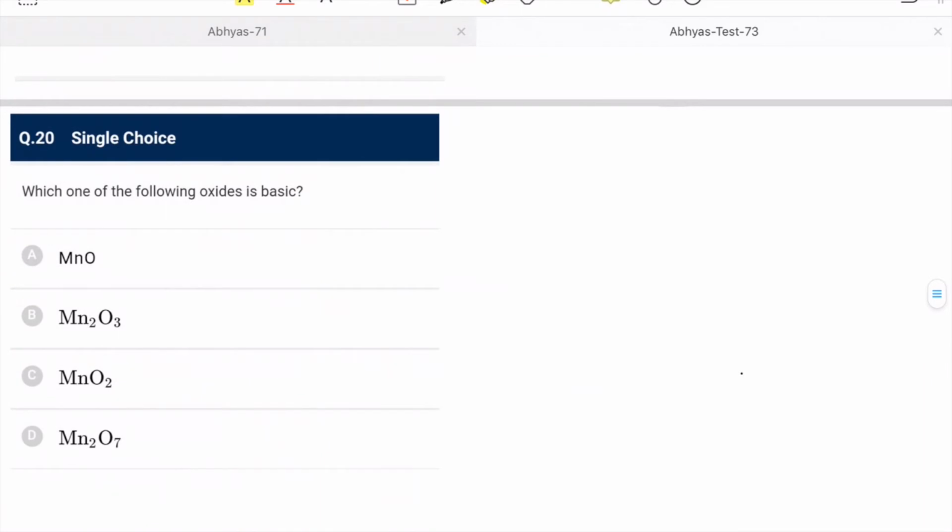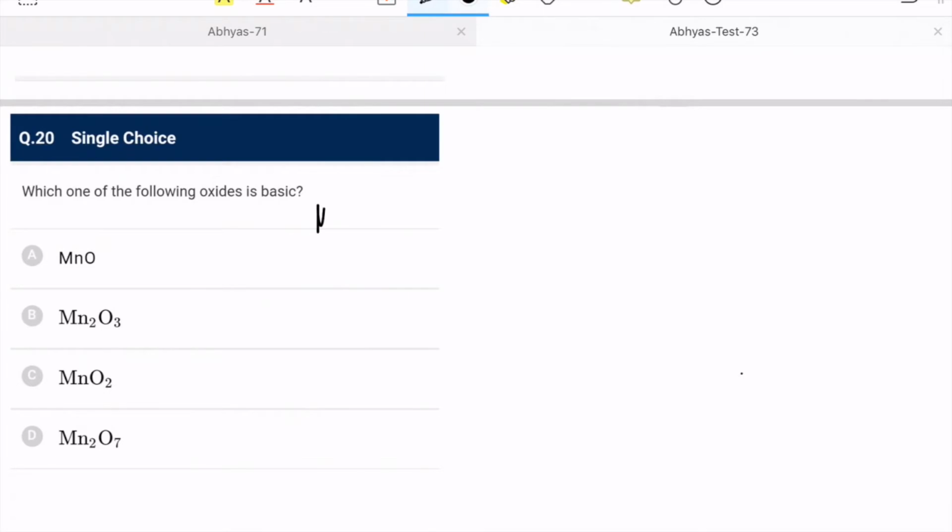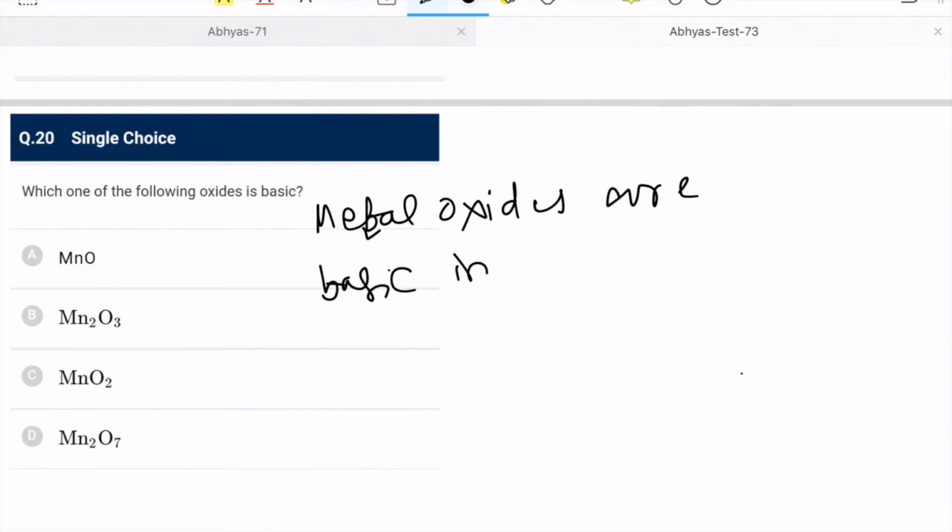Which one of the following oxides is basic? Normally metal oxides are basic in the lower oxidation states.